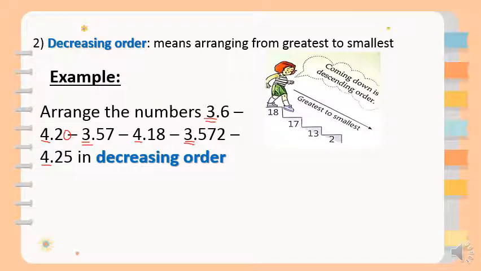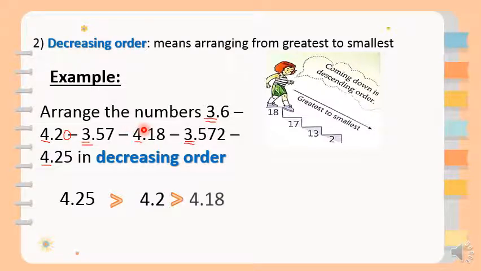So which one is greater? Is it 4.20 or 4.25? Of course, the greatest decimal number here is 4.25. It's greater than 4.20 or 4.2.